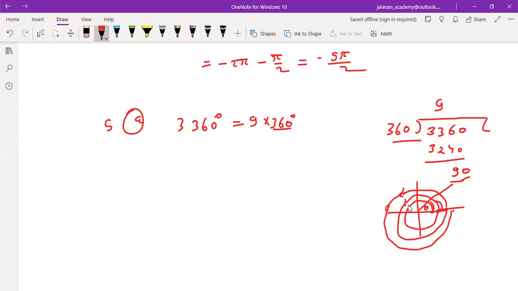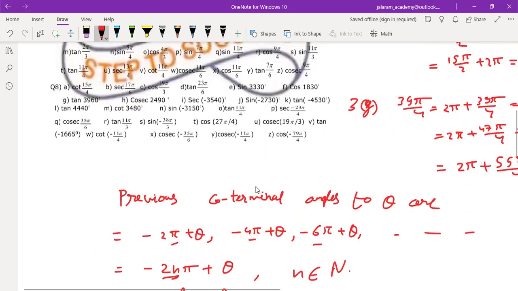Dividend equals quotient into divisor plus remainder: 360 degree is the divisor, 9 is the quotient, 3360 degree is the dividend. This 360 degree is equivalent to 0, so 0 plus 90 degree is 90 degree only. So 3360 degree is coterminous with 90 degree, which lies between 0 degree and 360 degree.